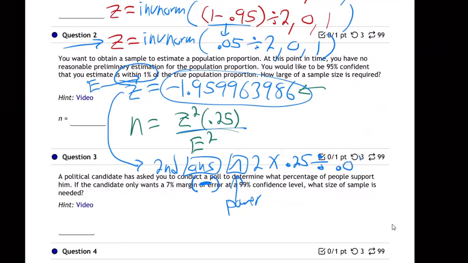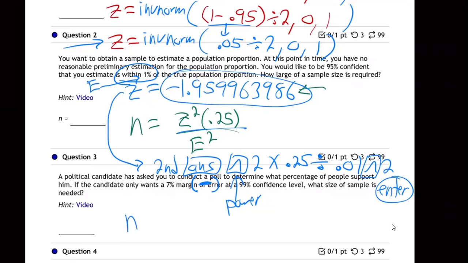So that's going to be 0.01 to the second power. You got to do a second power because it's E squared in the bottom. And then hit enter. And I'll do that too. So we have that number to the second power times 0.25 divided by 0.01 to the second power.